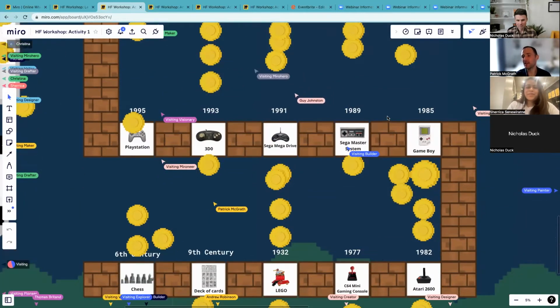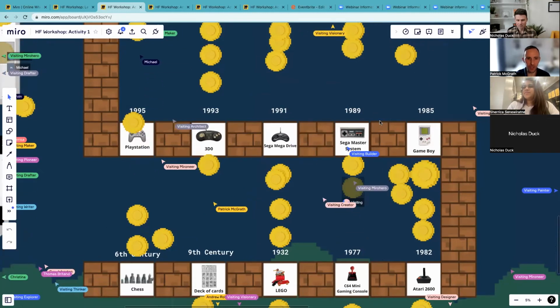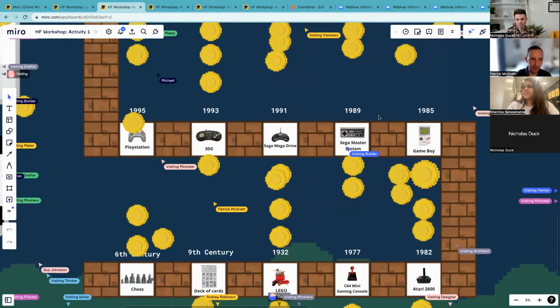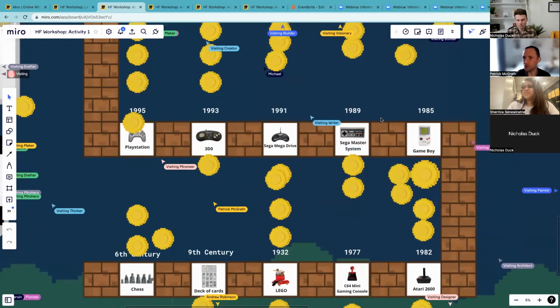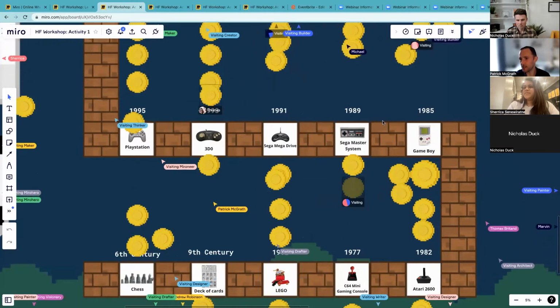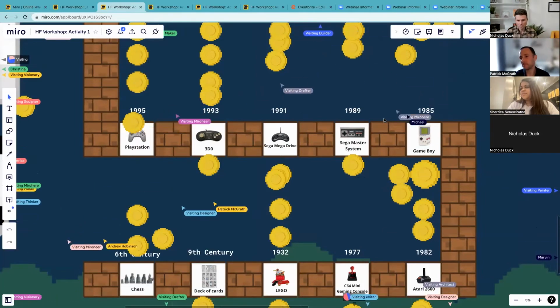Essentially, what we'd like you to do here is review the controllers across the years that they are presented. You can see going all the way back to the 6th century, through to 2013 being the most recent example of various types of video game interface, or indeed just game interface.